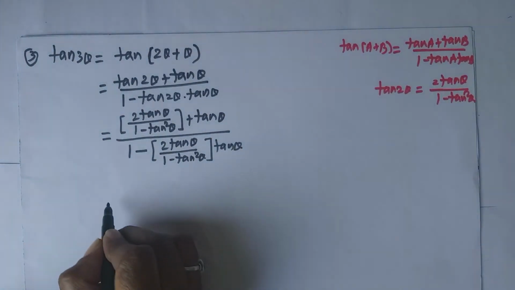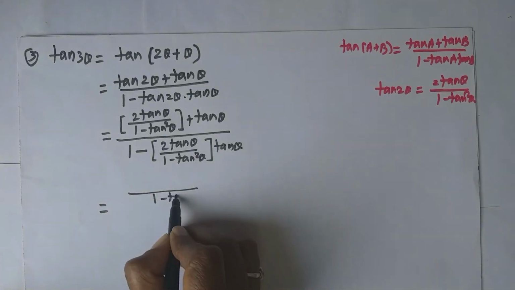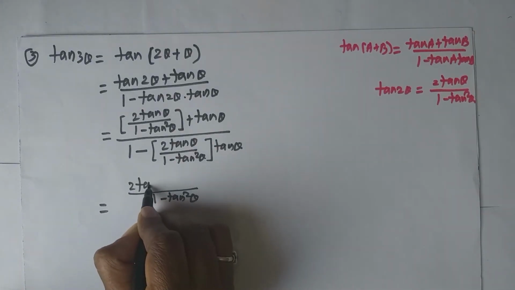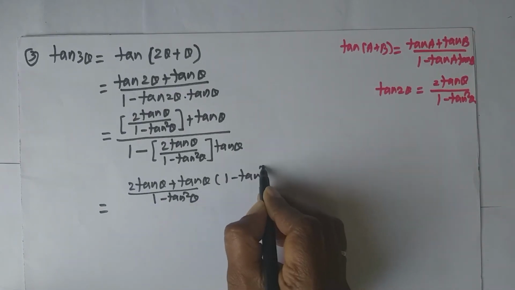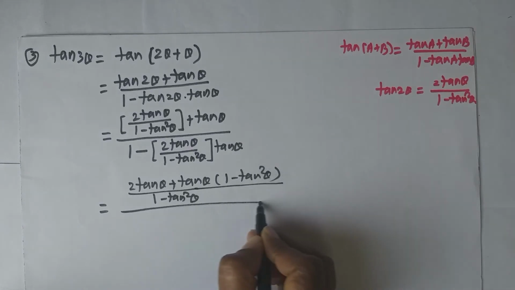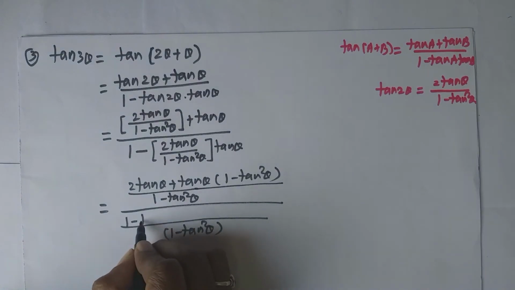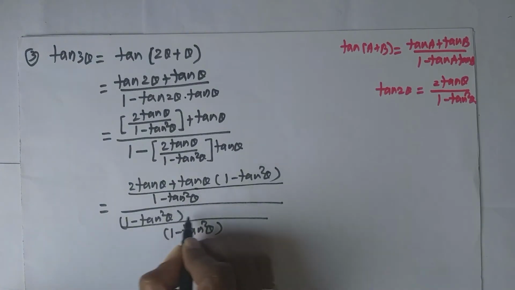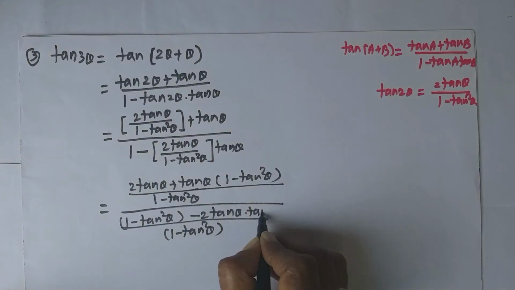Okay. Now take the LCM in the numerator. This will be 1 minus tan square theta, 2 tan theta plus tan theta into 1 minus tan square theta. Okay. For the denominator also you take the LCM 1 minus tan square theta, and this will be 1 minus tan square theta minus 2 tan theta into tan theta.